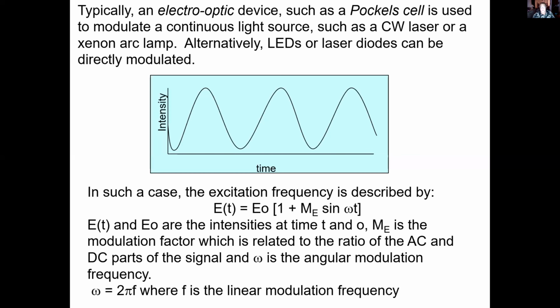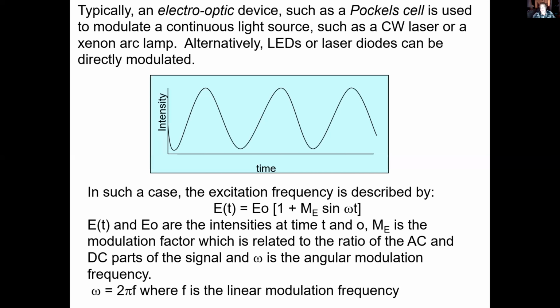In such a case, the excitation function can be described as a function of time: E0, the intensity at time 0, times 1 plus M_E, and I'll talk more about M_E, the modulation factor, sine omega t, where omega is the angular modulation frequency.